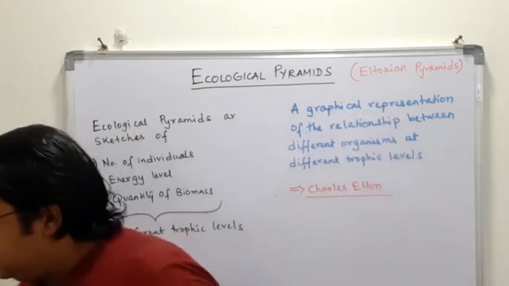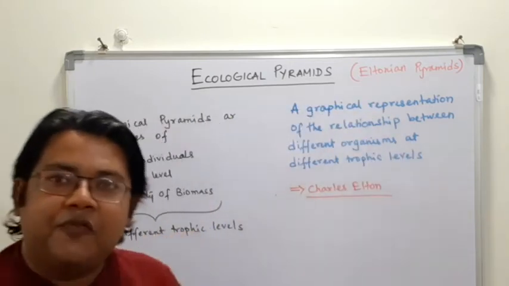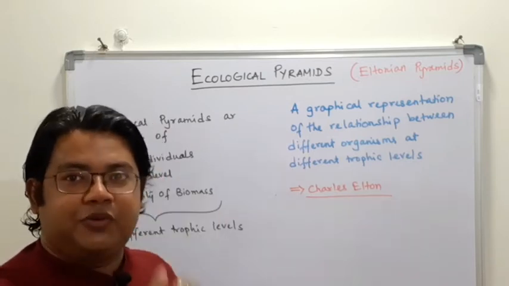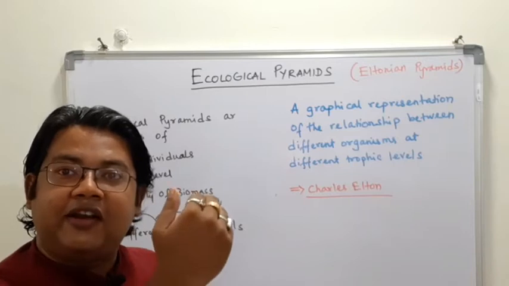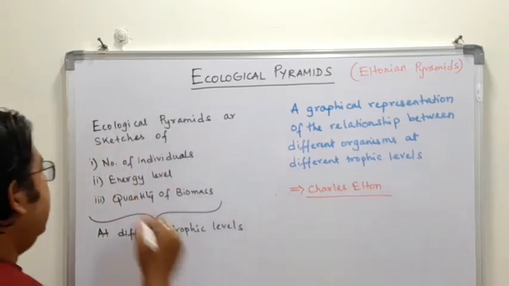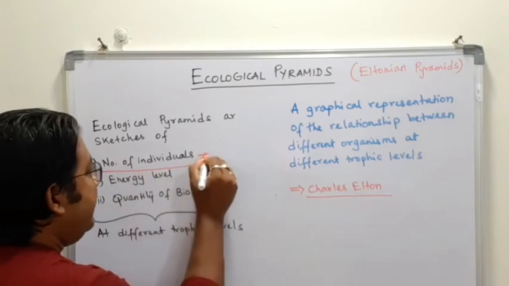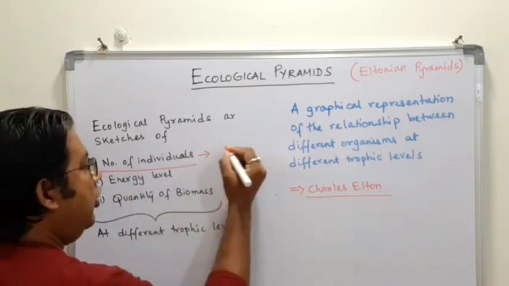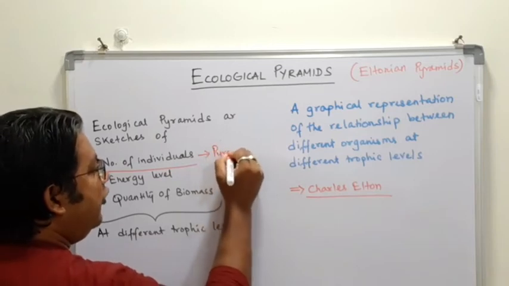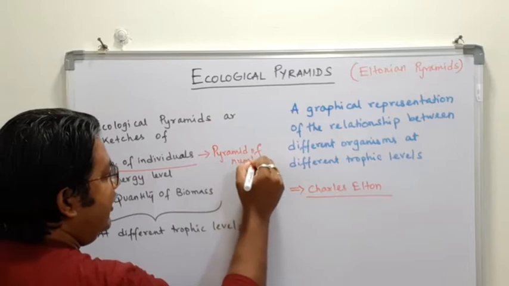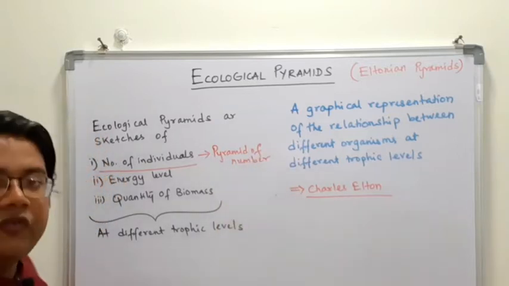If you want to represent the number of individuals at different trophic levels in an ecosystem, the diagram or the graphical representation will be called pyramid of number. That representation will be called a pyramid of number.